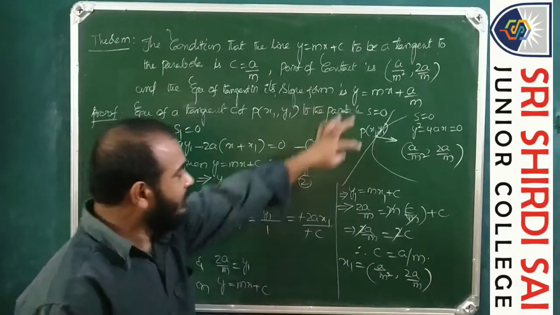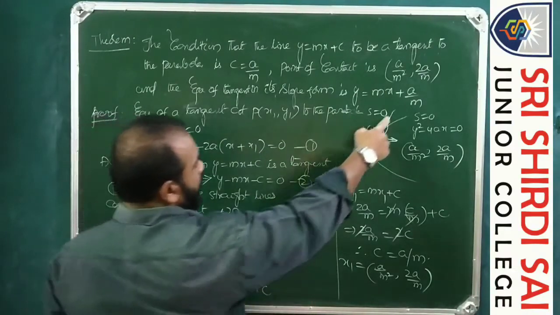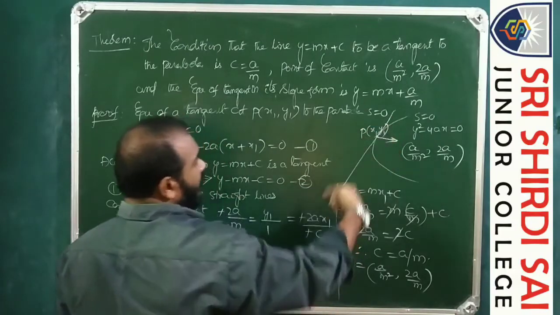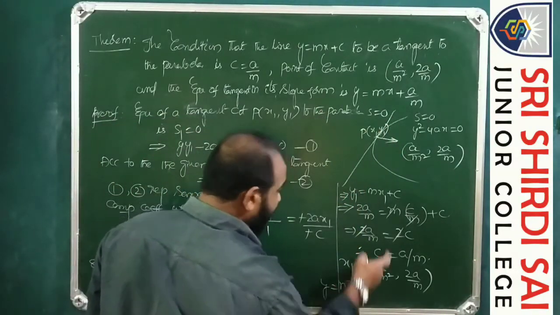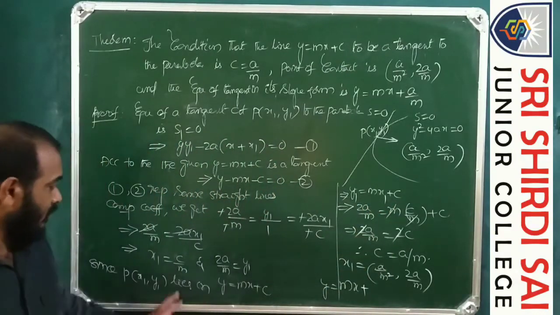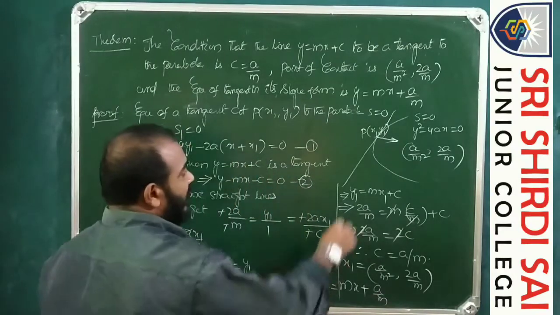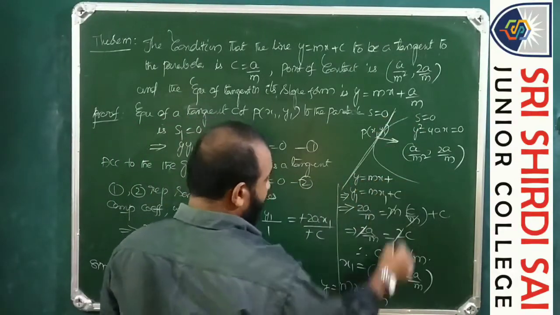And what is the equation of this line? This line is y equals mx plus c. So y equals mx plus, what is c that we got here? c equals a by m. So this line is y equals mx plus a by m.